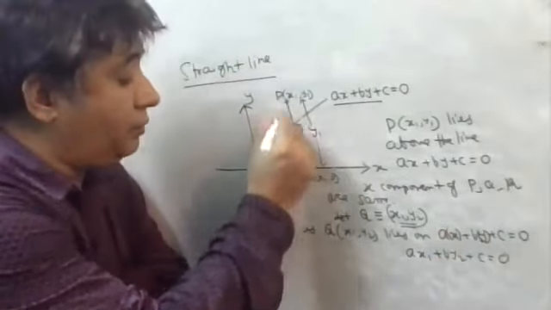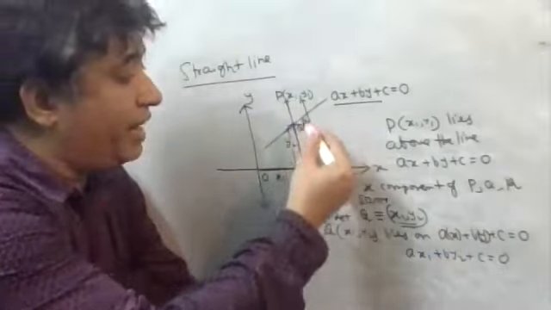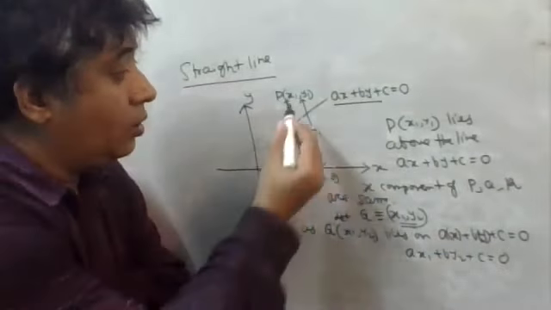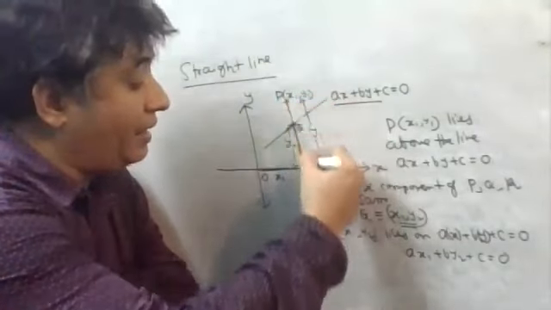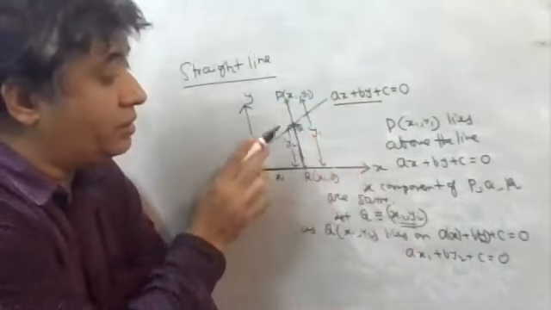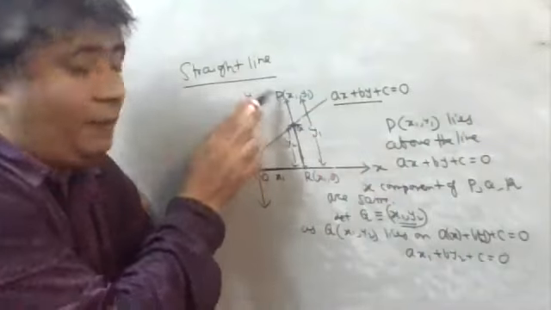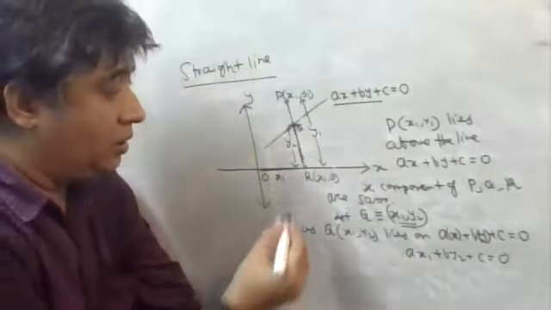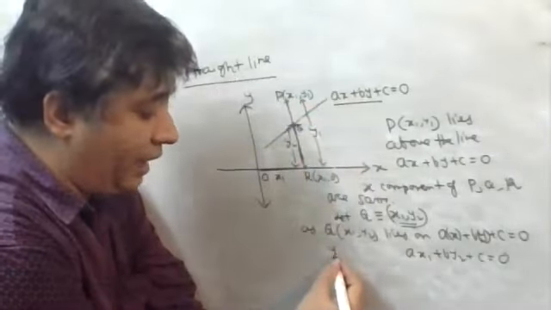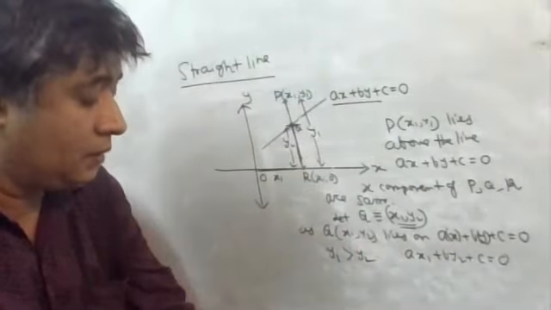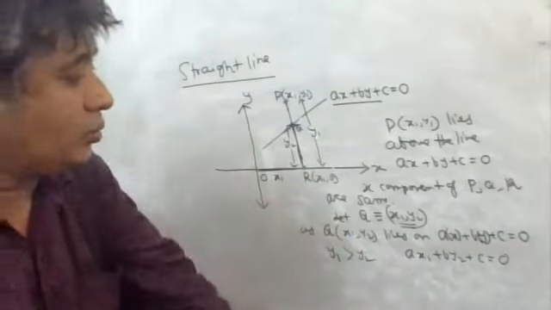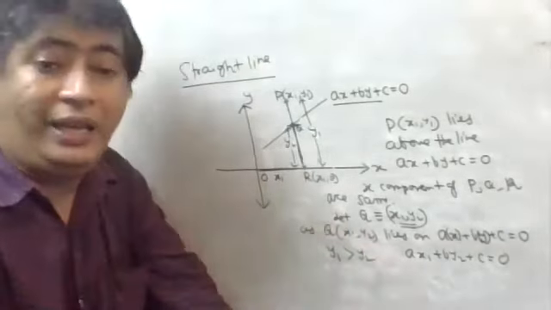Now, you go to the figure, and this figure depicts what? y1 is obviously greater than y2, because this point lies above the line. So by this figure, we can say y1 is greater than y2. What is y2?